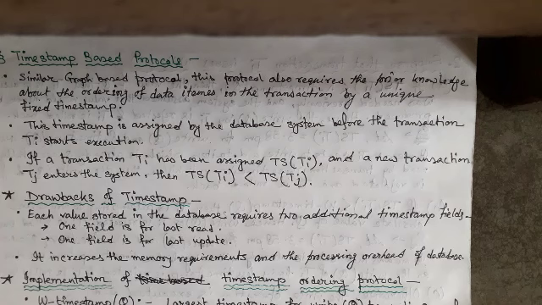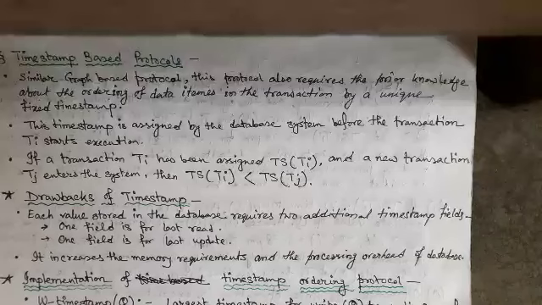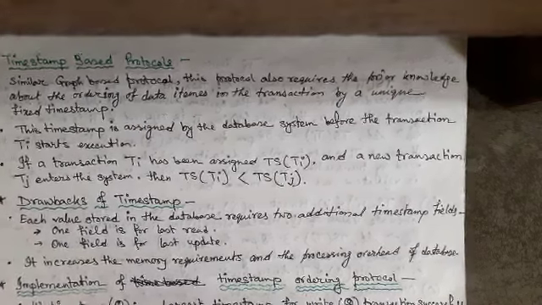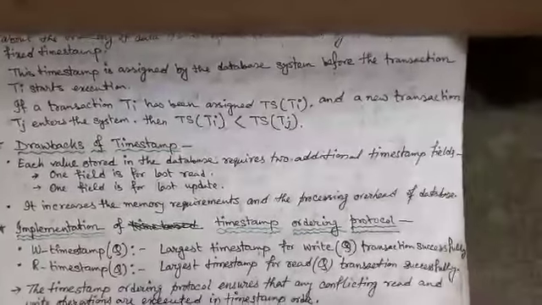In the timestamp based protocol, every transaction is assigned a timestamp before the transaction starts to execute. And if a transaction Tj enters after the transaction Ti, then the timestamp of Tj is greater than the timestamp of Ti.